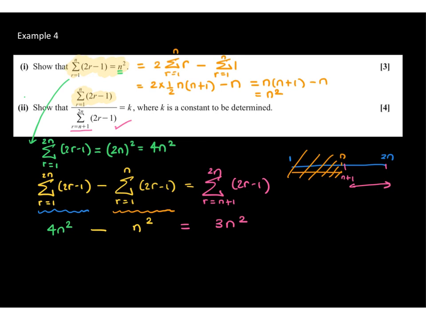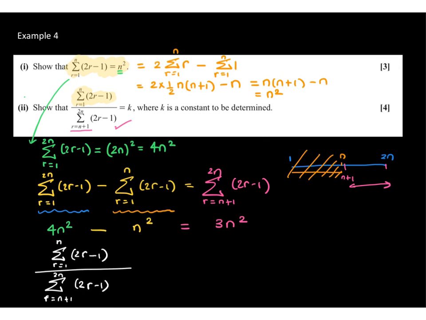So to finish this off, let's write this out correctly. We are working out the sum between r equals 1 and n of 2r minus 1, and we're dividing it by the sum between r equals n plus 1 and 2n of 2r minus 1.